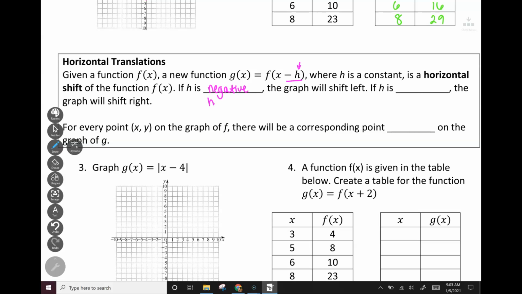So let's say h equals a negative number. Then when I plug that in, that'll be x minus a negative number, which you can simplify to say x plus a number.